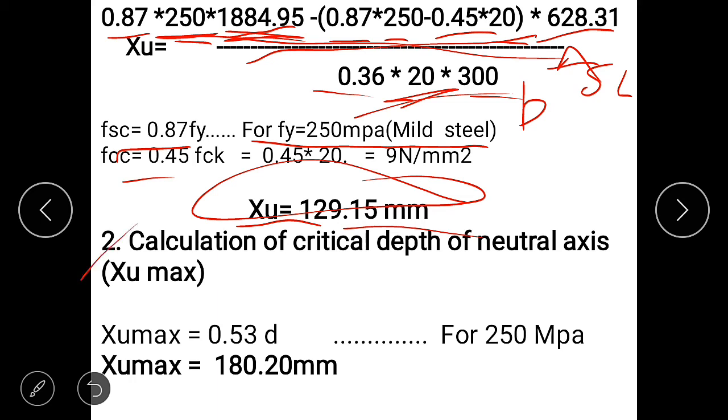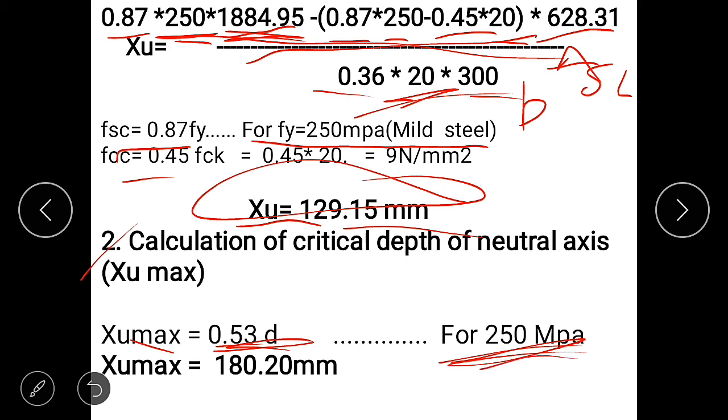Now the calculation of the critical depth of neutral axis. The second step is xu max. xu max is equal to 0.53d. Why are we taking 0.53d? Because the grade of steel is 250. There is a table: for Fe250, the xu max value is different from that for 415 and 500.